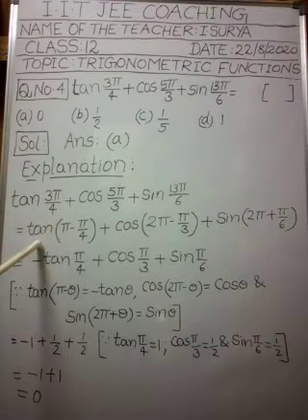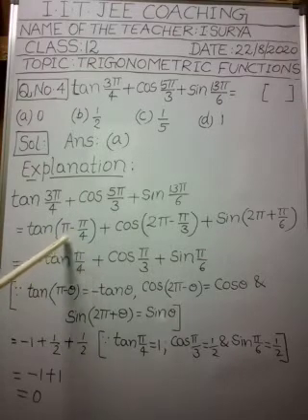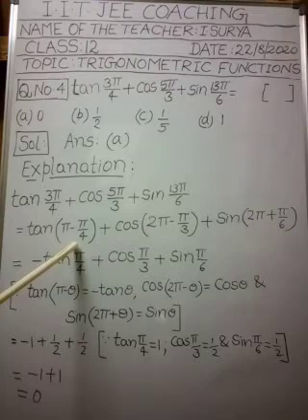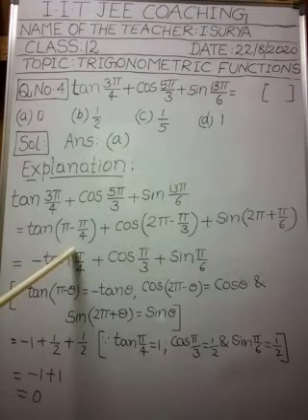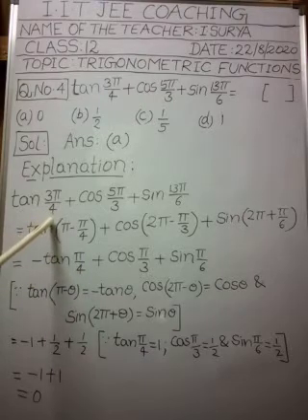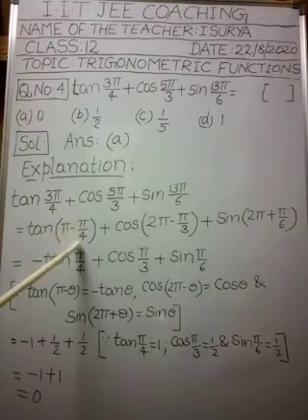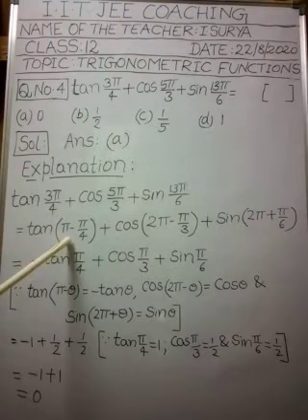I wrote tan 3 pi by 4 as tan of (pi minus pi by 4). If you simplify these two numbers in the brackets by taking LCM and simplify the numerator part, automatically we get 3 pi by 4 only. That is why we wrote 3 pi by 4 as pi minus pi by 4. Understood this first term, my dear children?